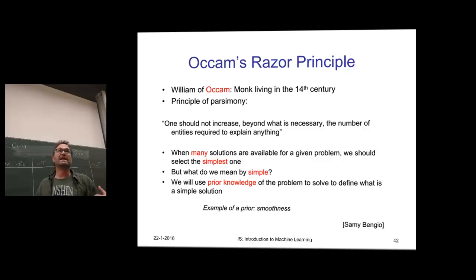Try to be as simple as possible, try to make models that are as short as possible. If you can make a distinction with a line or a plane or a hyperplane, use a simpler model. It usually is the better way of doing it. So one should not increase beyond what is necessary the number of entities required to explain anything, and that is also applied to the model. One should not have a model that is more complex than what is needed.